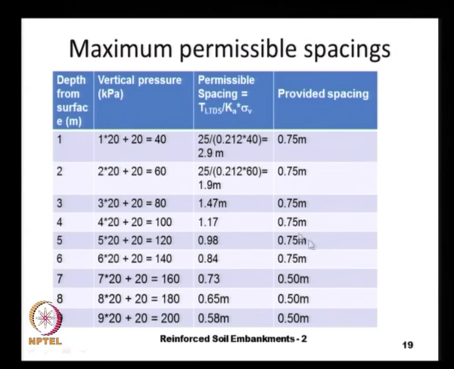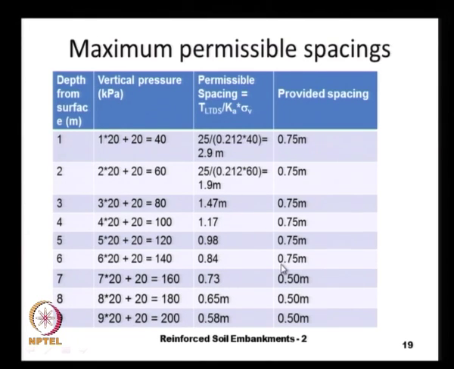So we need to provide at minimum 50 centimeter spacing, and as we go up, even at a depth of 7 meters, the spacing required is 500 mm, and at a depth of 6 meters our permissible spacing increases to 840 mm.